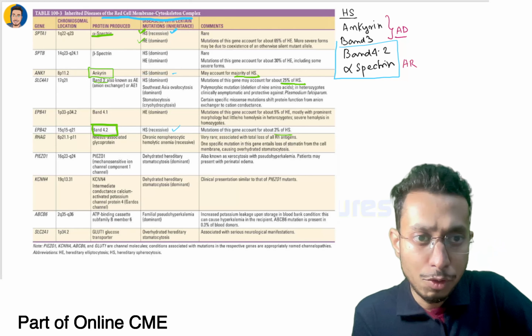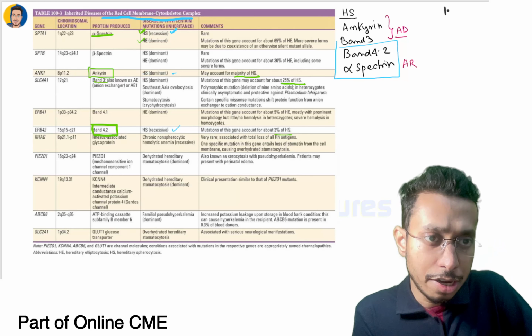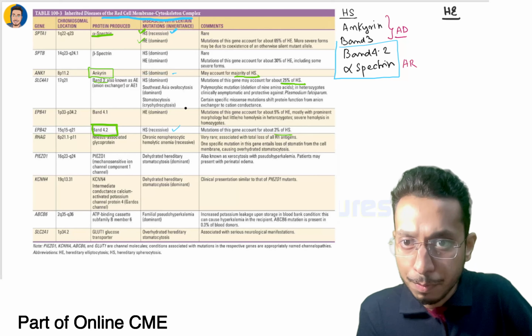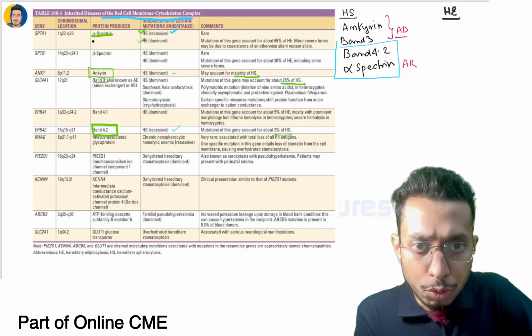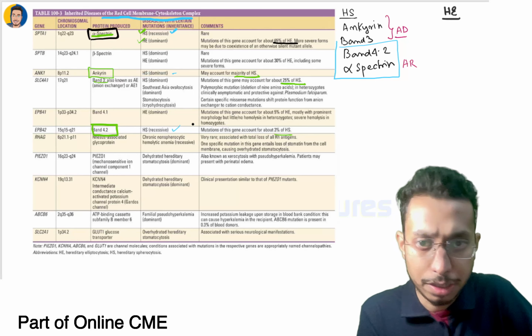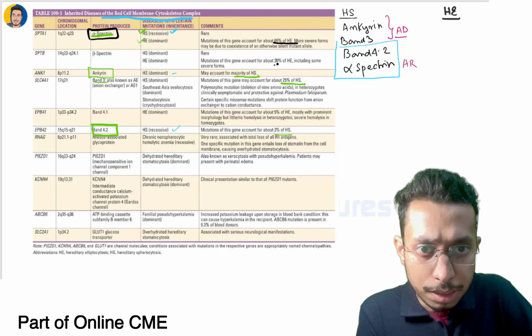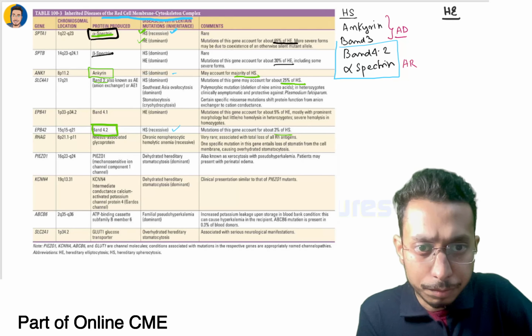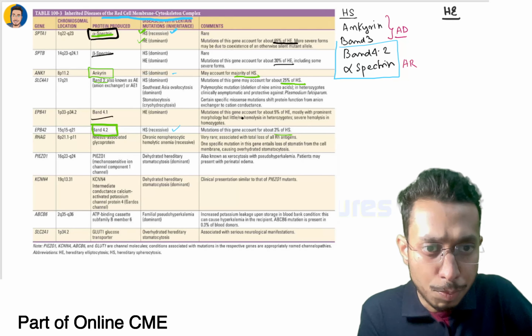Now, similarly, if we check hereditary elliptocytosis, mostly it is due to alpha spectrin. Around 65% is due to alpha spectrin, followed by 30% due to beta spectrin, and 5% due to band 4.1 defect.